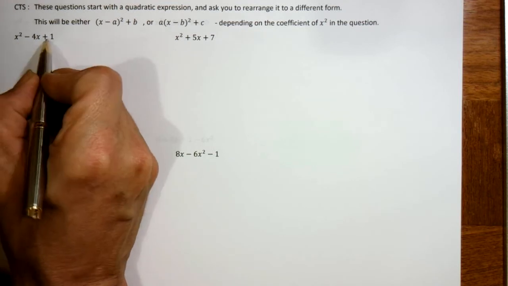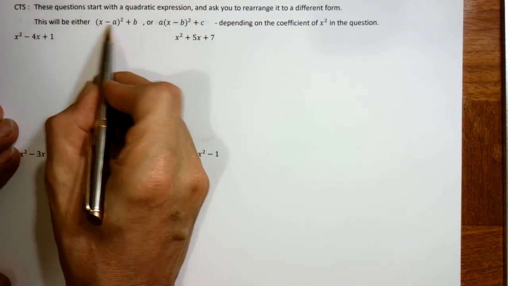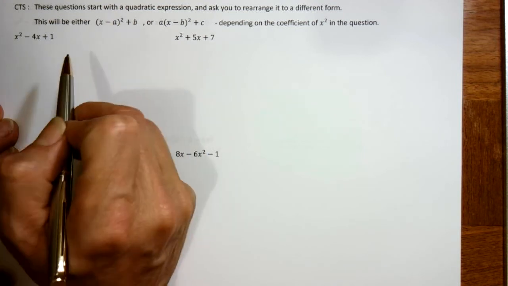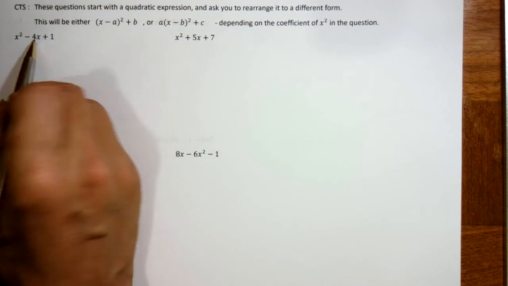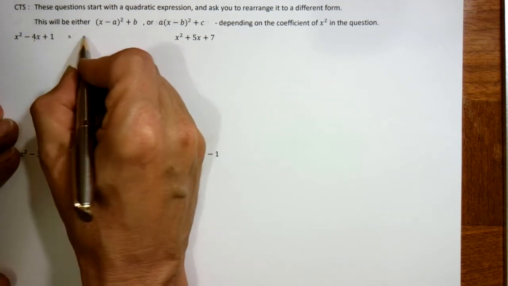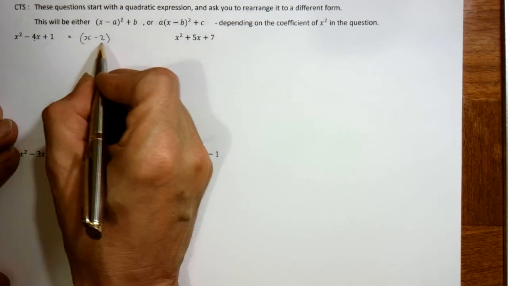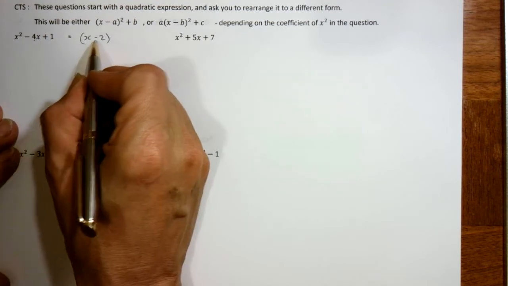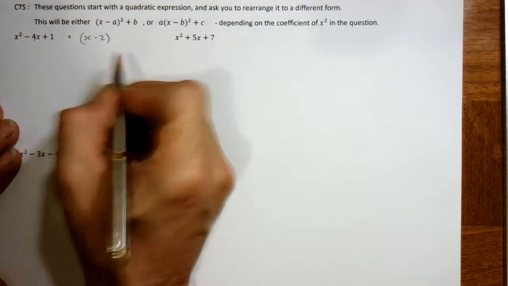x squared minus 4x plus 1. We've got to put it in the form of (x minus a) all squared plus b. Right, the process is really simple. We halve this number. We put it inside the bracket with an x. So that's going to turn into x minus 2. There you go. Halve the minus 4, put it inside. Half of minus 4, that's really hard, isn't it? Put it inside the bracket with an x.